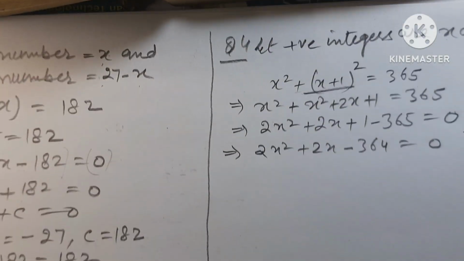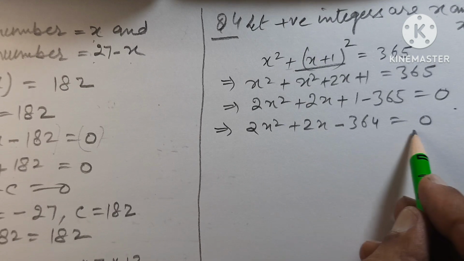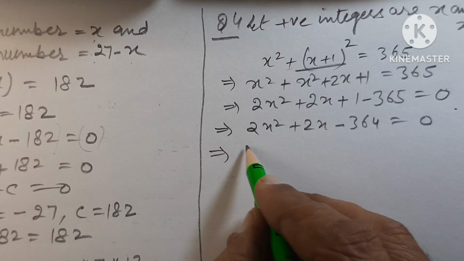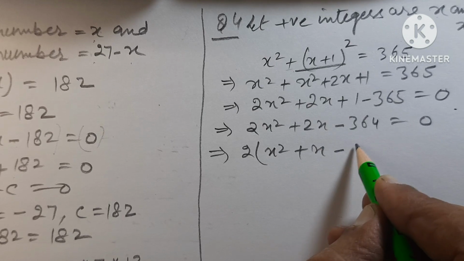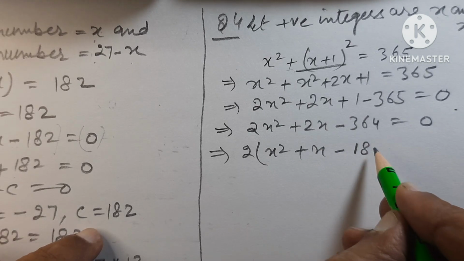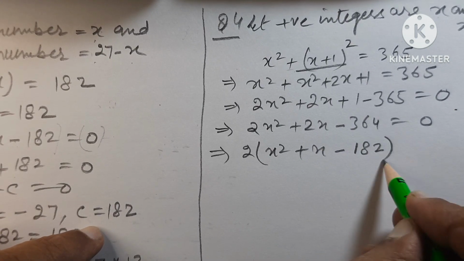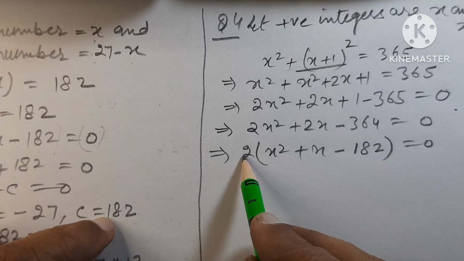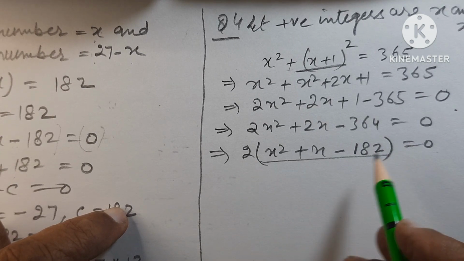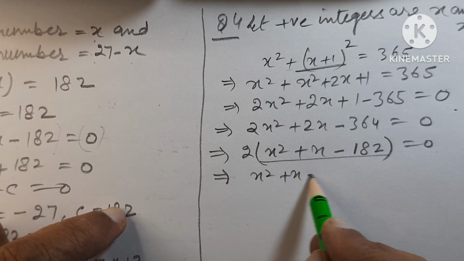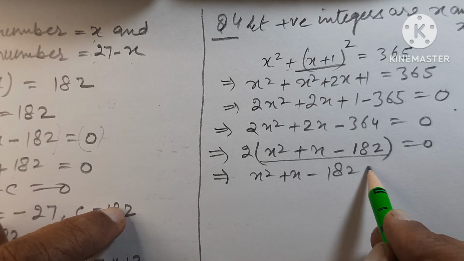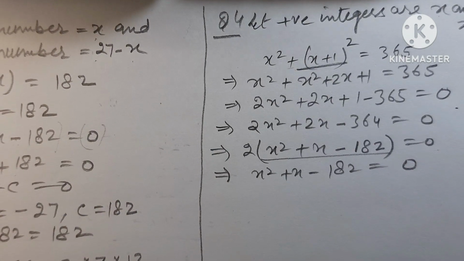In order to make it simple, I will take out 2 common. That means 2 in bracket x square plus x minus 182 is equal to 0. 2 cannot be 0, therefore this is equal to 0. That means x square plus x minus 182 is equal to 0.